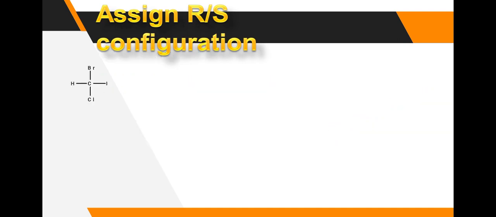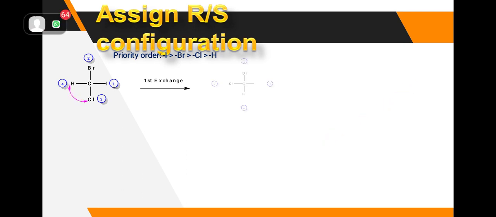Here the example is Br, hydrogen, iodine, Cl. Give the priority. Iodine having highest priority, then bromine, then chlorine, then hydrogen having lowest priority. Here priority order is also there. Then first exchange. What happens in the first exchange?